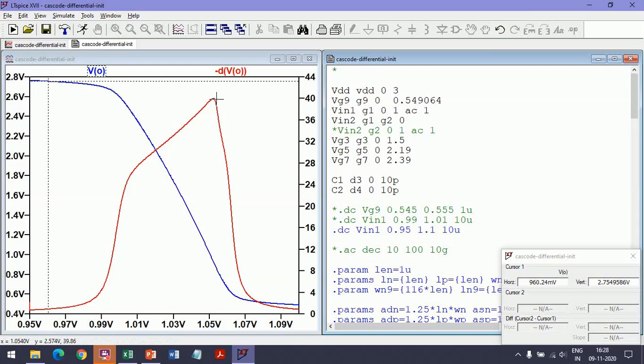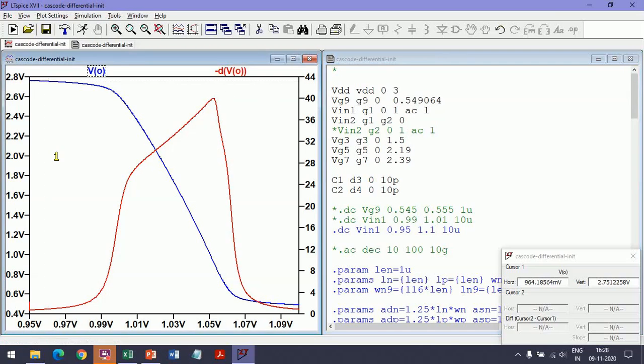Now what we saw in the AC when we applied both 1 was the voltage gain when the output was 2.6 volts, somewhere here, at this input voltage. So 1 volt when the DC inputs were 1 volt is what we saw.